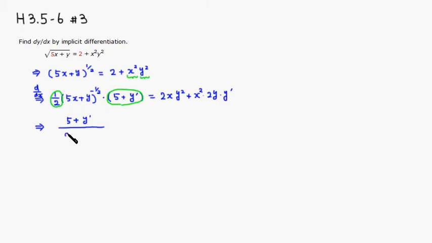Then you have a negative power, which means that the square root is going to be sitting on the bottom.